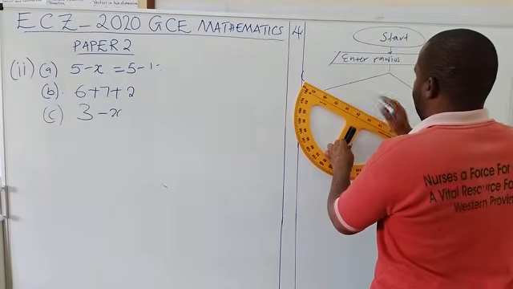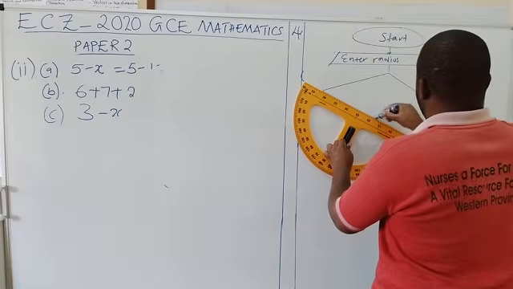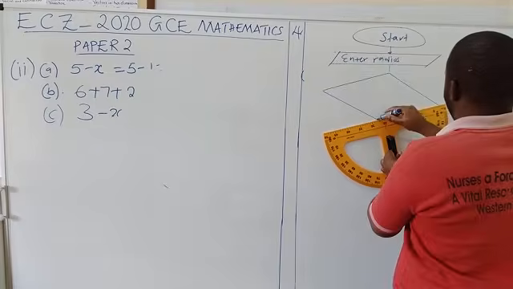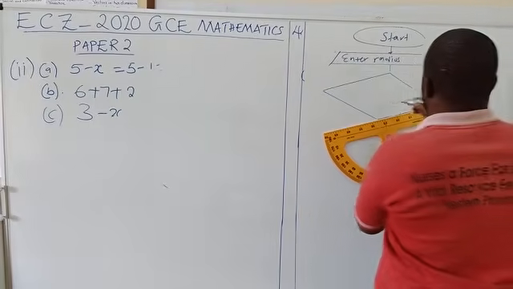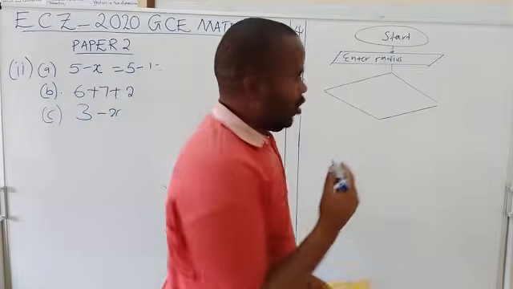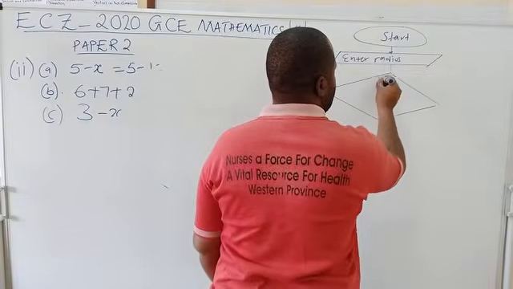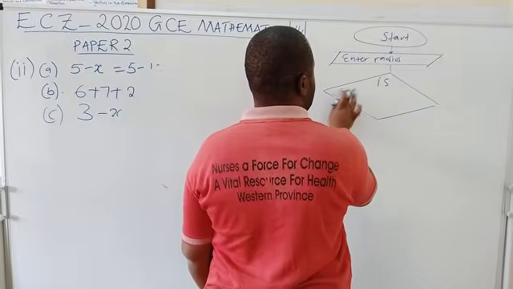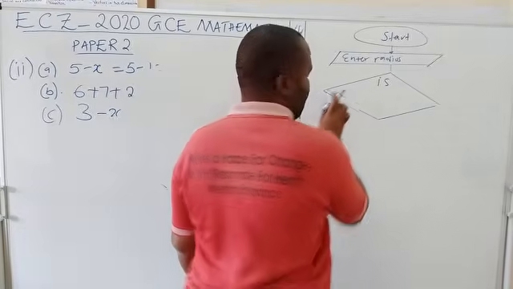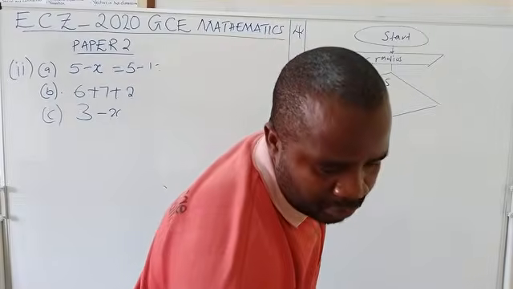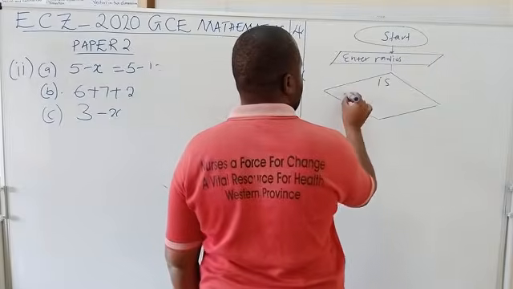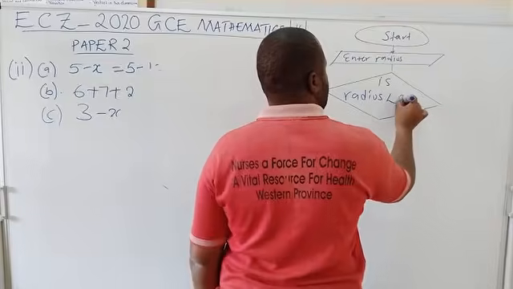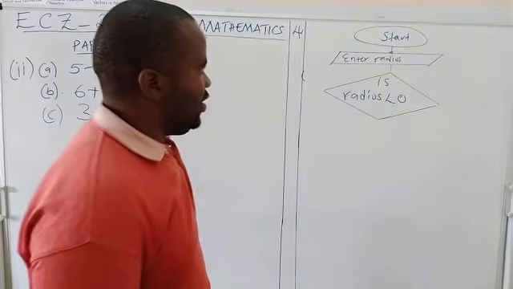So instead of saying if, you're going to say is radius, we use small letter. We are saying enter radius, so you can say is radius less than 0.